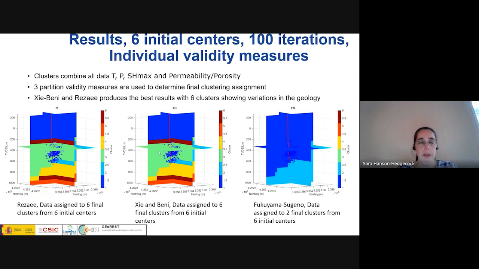And when we ran the clustering, we ran it using all of those different inputs: temperature, pressure, stress, permeability, and porosity. And you apply a partition validity measure to determine the final clustering.